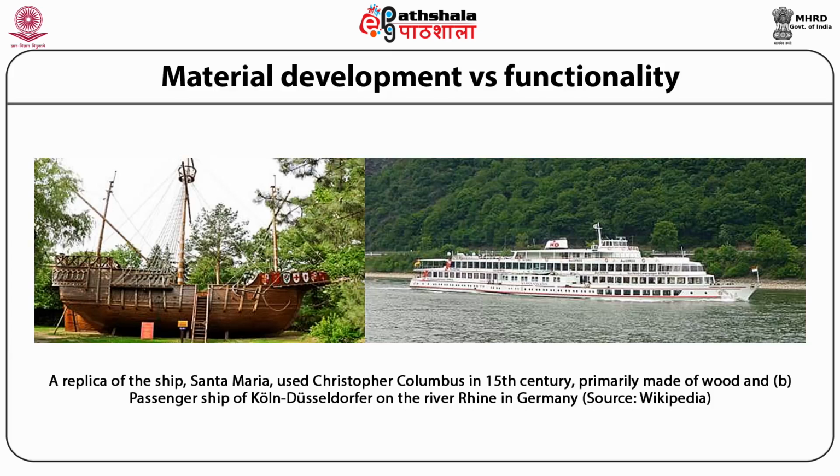Similarly, water transport required ships to be made lighter as they need to float. Earlier generation ships used wood, which degraded quickly. Currently, ships use several types of metals and plastics to give the ship a shape so that it can float and yet be highly durable and strong.